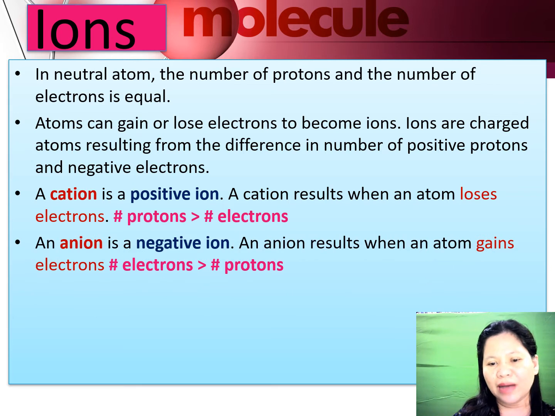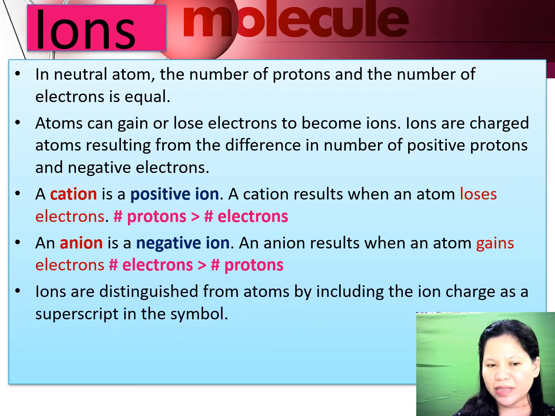Another one is anion. An anion is a negative ion. An anion results when an atom gains electrons. So therefore, the number of electrons is greater than the number of protons. So remember, cation is positive, anion is negative.